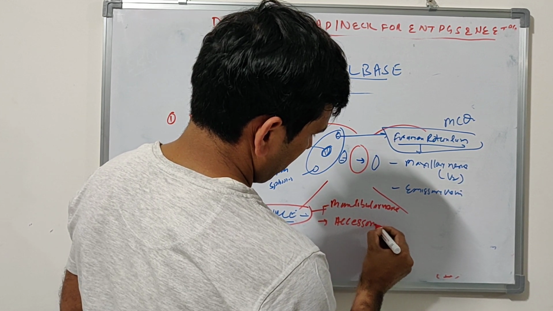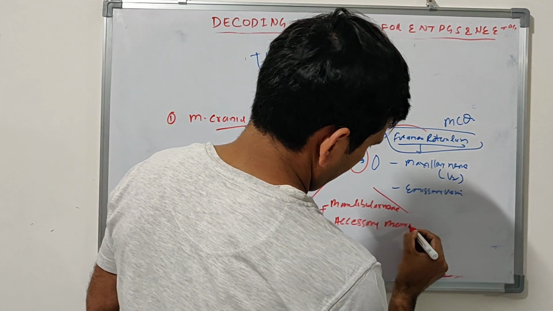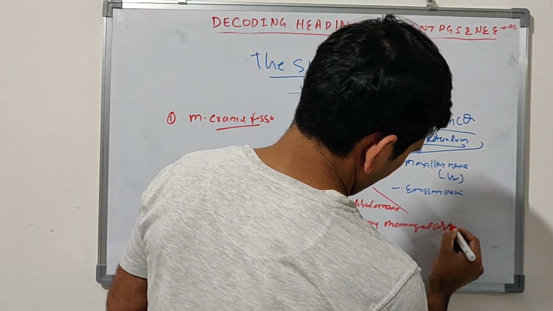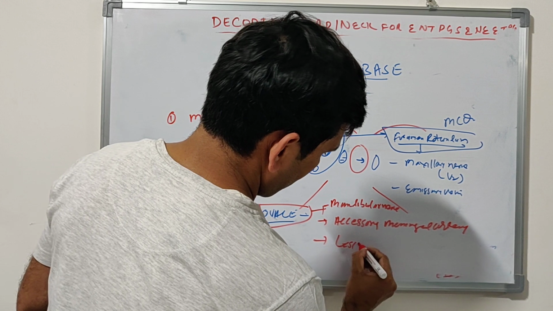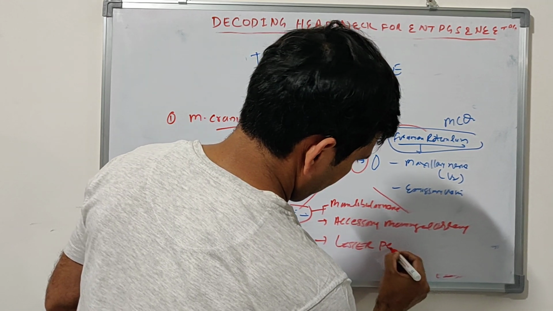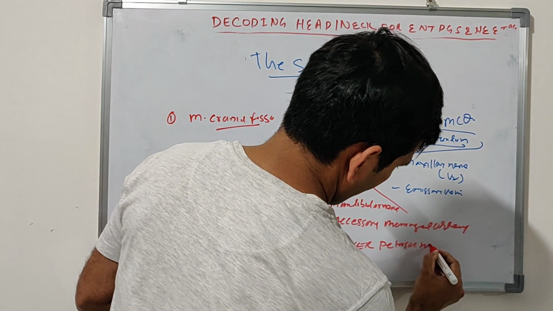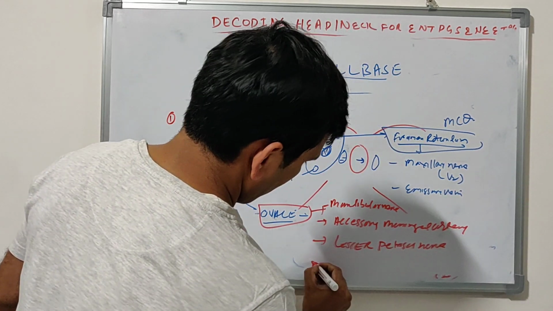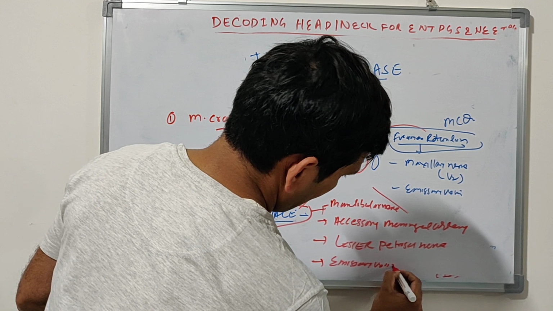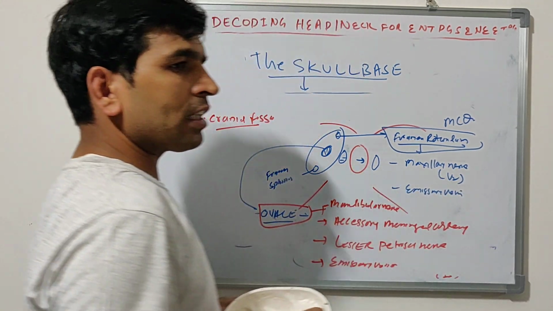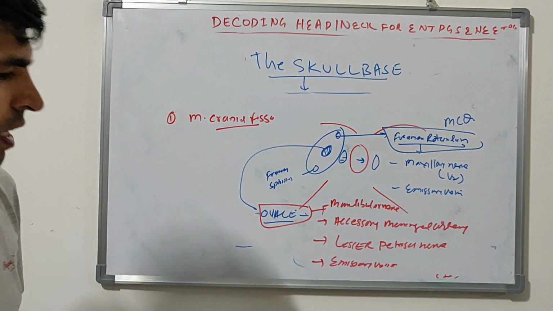Accessory meningeal artery, lesser petrosal nerve, and emissary vein. The emissary vein again connects the pterygoid plexus to the cavernous sinus.